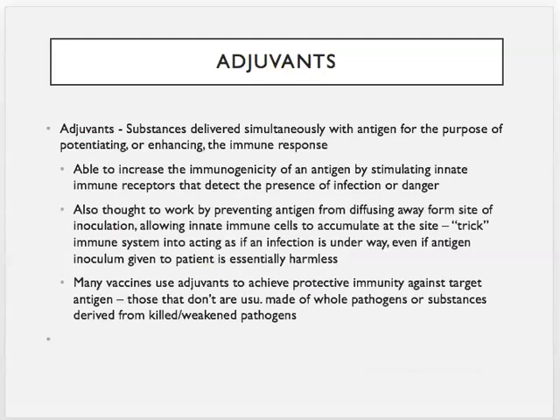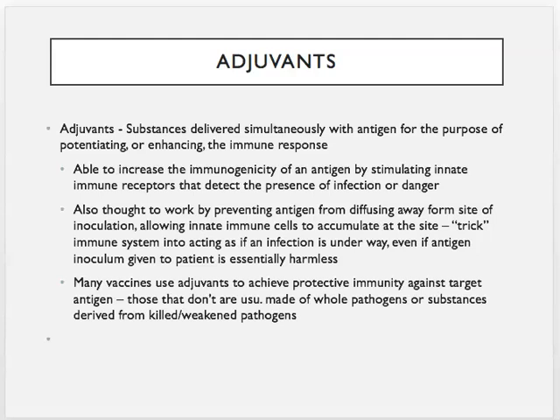Okay, adjuvants are substances delivered simultaneously with antigens for the purpose of potentiating or enhancing that immune response. So they're able to increase that immunogenicity of an antigen by stimulating your innate immune receptors that detect the presence of an infection or foreign particle, some type of danger that it recognizes to your immune system.